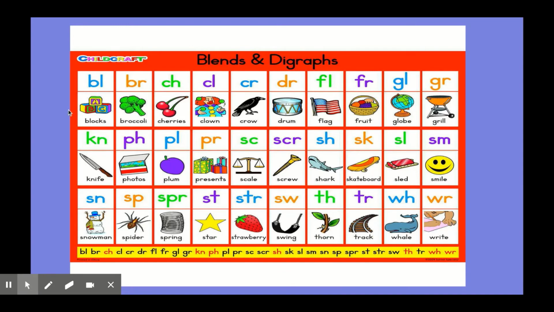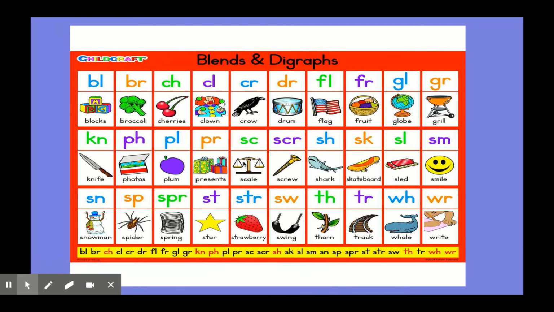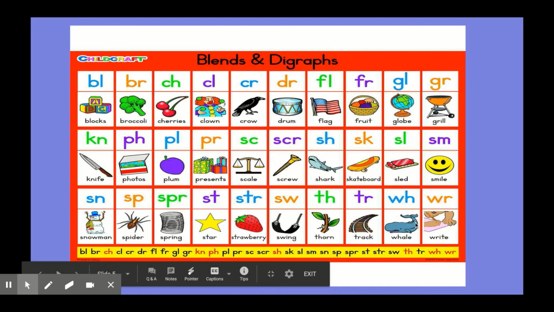So some blends include blocks, clown, scale, strawberry, and track. Some of the digraphs include cherries, ch, shark, sh, photos, f, whale, and write.